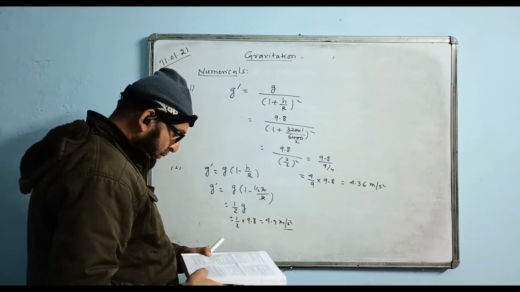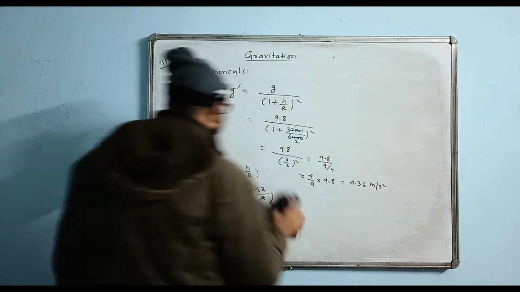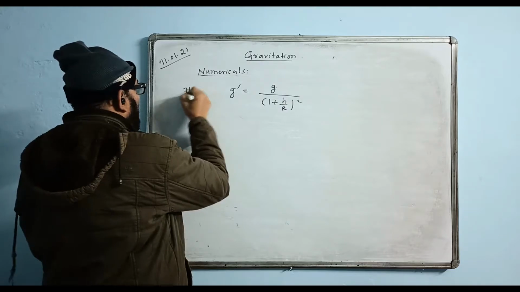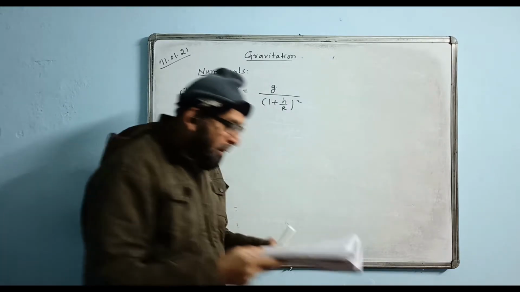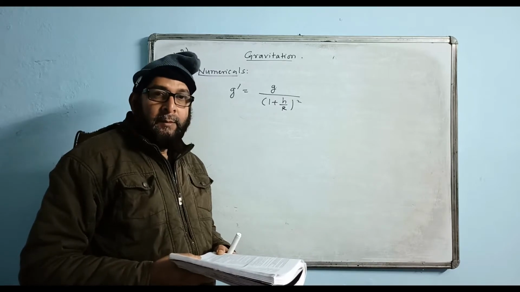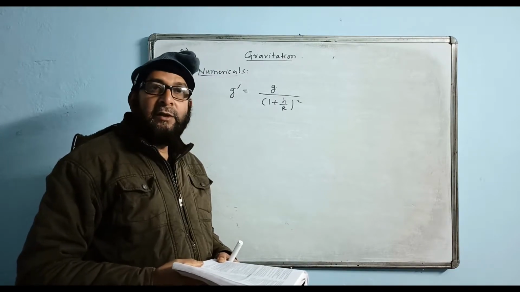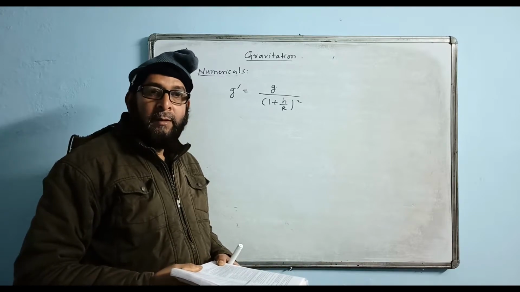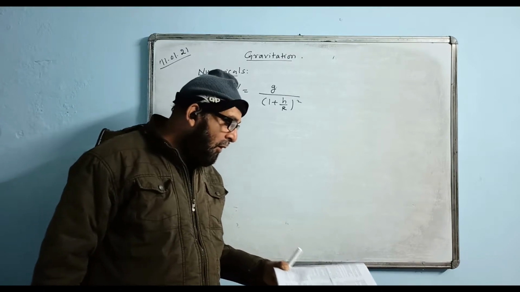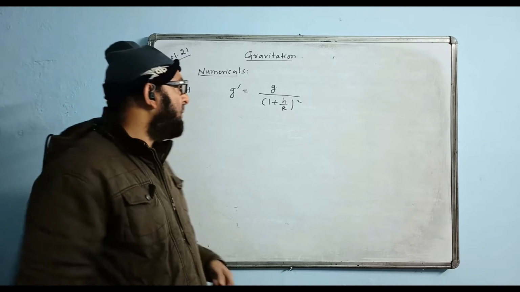Okay. Now, question number 7. The question says, how far from the Earth's surface does the acceleration due to gravity become 1% of its value on the surface of the earth?